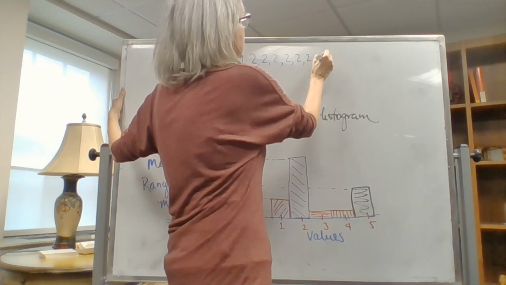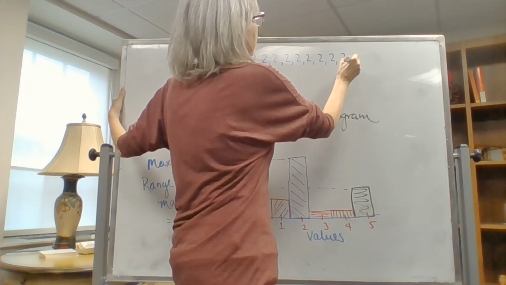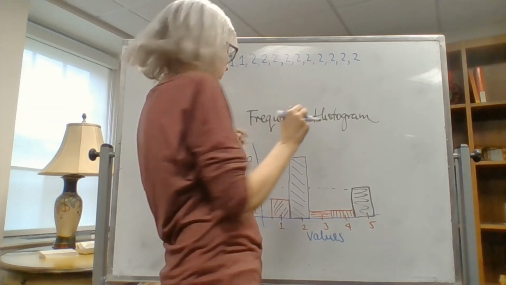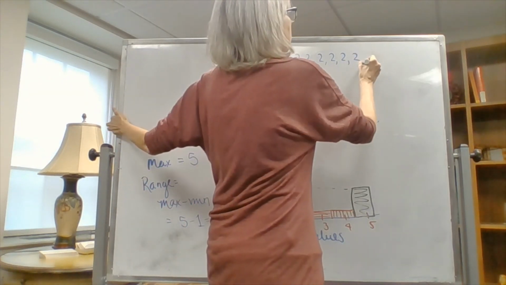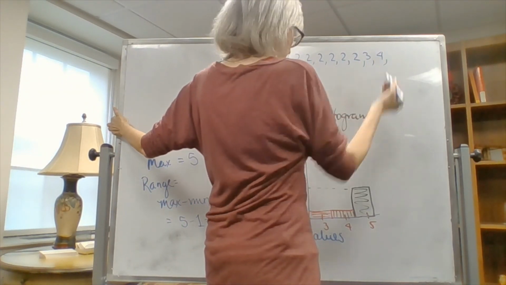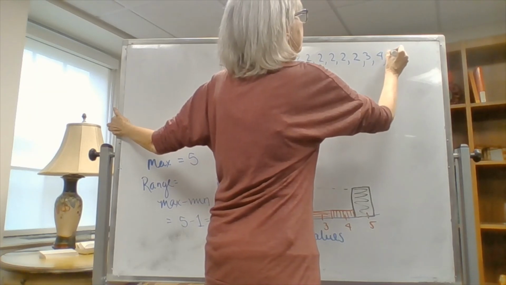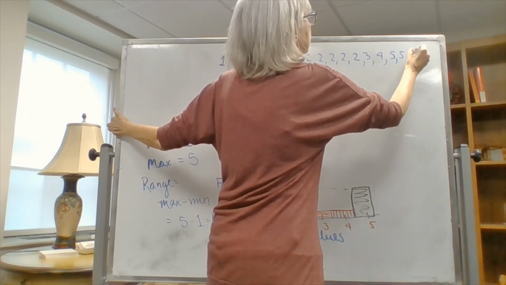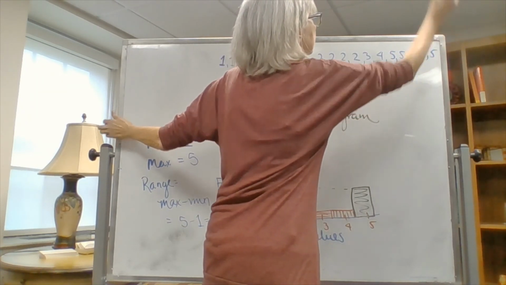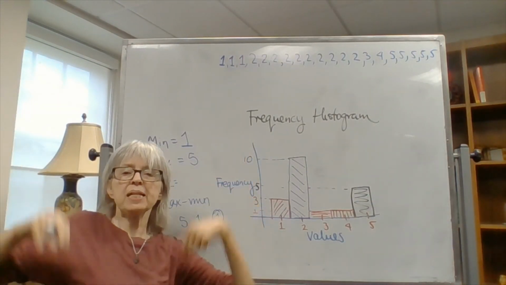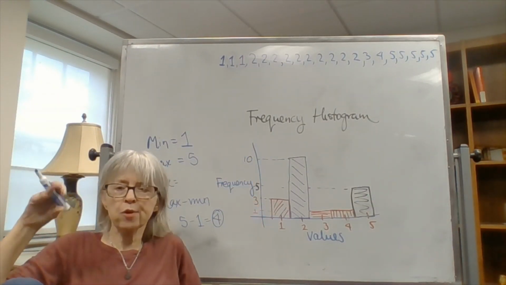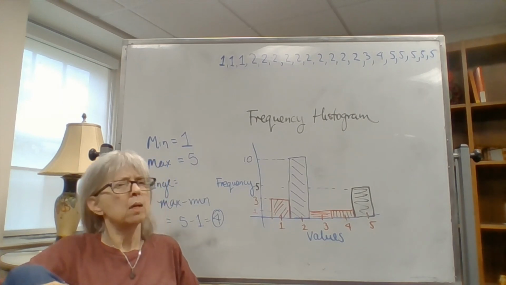I write 2 10 times. I write 3 once. I write 4 once. And I write 5 5 times. Oh my gosh, I was able to look at this histogram and extract my entire data set.